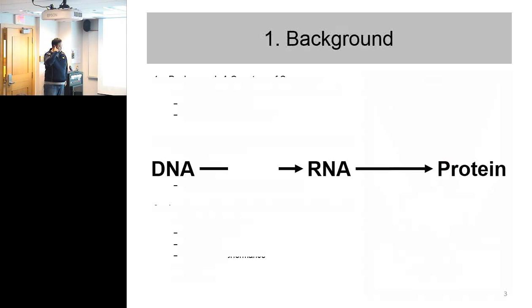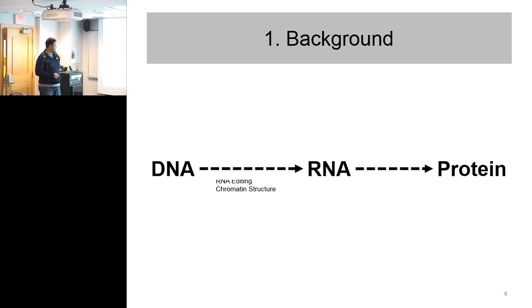So we've traditionally understood the transmission of information from DNA to RNA to protein to be linear. What we've come to realize recently is that isn't exactly so. We have multiple mechanisms of regulation that ultimately can alter how DNA and RNA and protein are expressed.